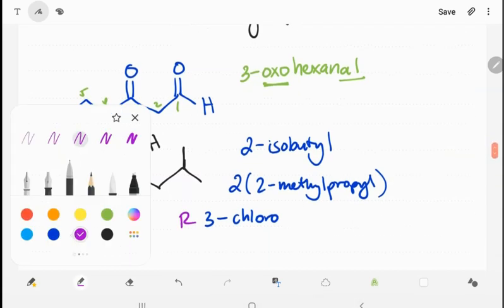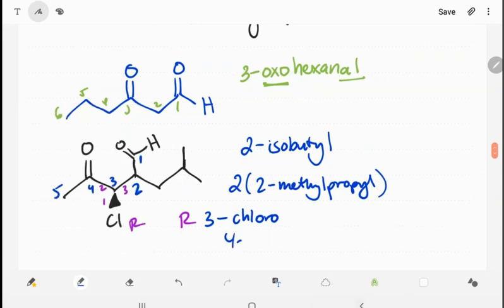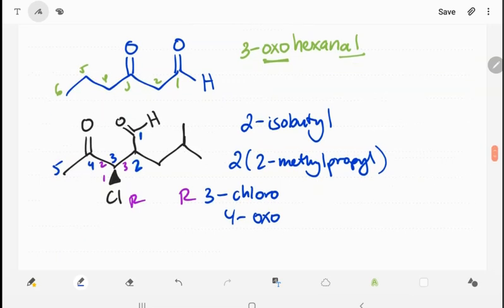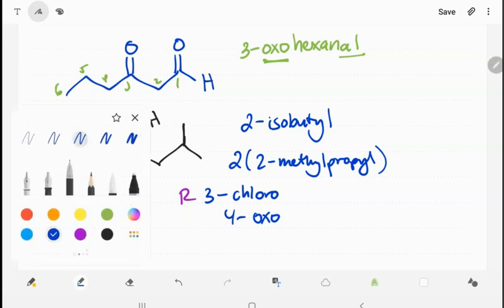And then on carbon 4, we have an oxo group. And so we just need to put these in alphabetical order. So chlorine, then isobutyl, then oxo. Or if you do the 2-methylpropyl, that would be M, which still comes before oxo anyway. And then our parent name, which is pentane, becomes pentanal to indicate that we have that aldehyde.